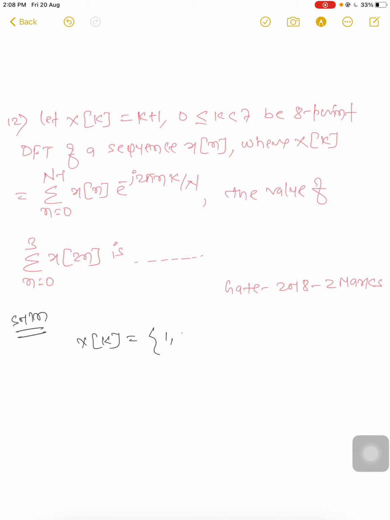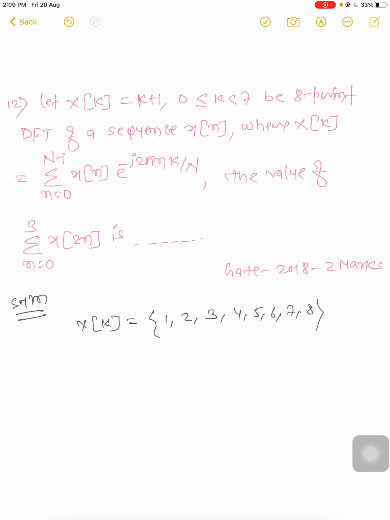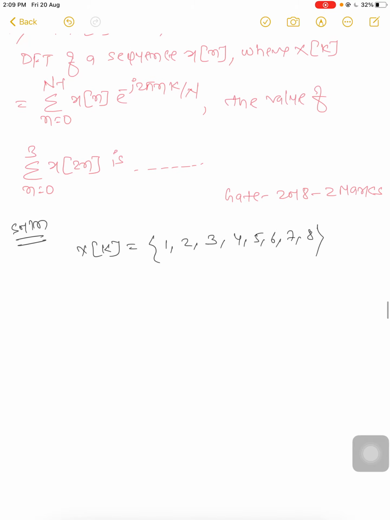We have to find the sum of x[2n] for n = 0 to 3. X[0] will be 1, X[1] will be 2, X[2] will be 3, and so on up to X[7] = 8. It is the DFT of the sequence x[n]. We have to find this sum using the DFT formula.